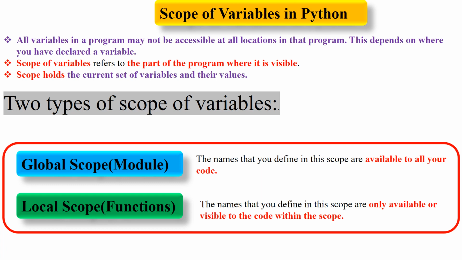We can say that scope holds the current set of variables and their values. Here we will study two types of scope of variables: global scope and local scope. Global scope means the names that you define in this scope are available to all your code. Local scope means the names that you define in this scope are only available or visible to the code within the scope.